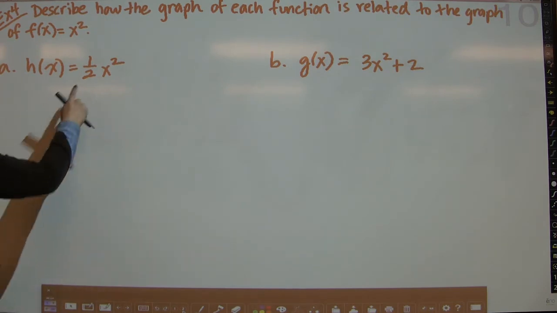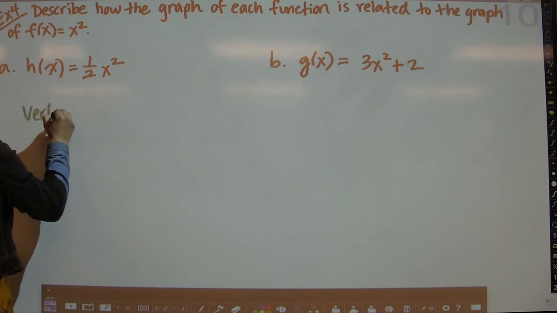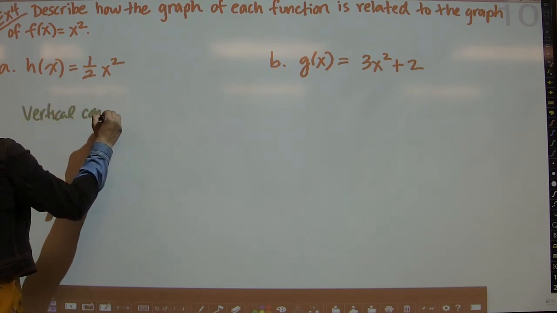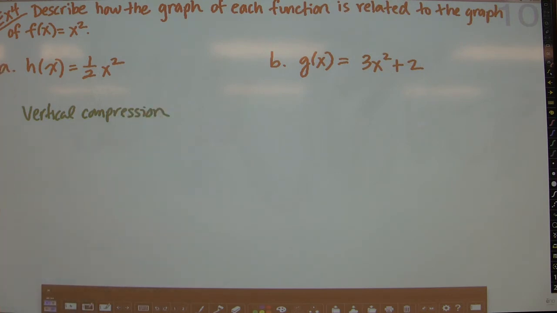So because that a is less than 1, it's going to be a vertical compression by a factor of 1/2, all right, and then for part B, I was just checking if they wanted us to say by what factor. The book does not actually ask you to say by what factor, but it is by a factor of 1/2.